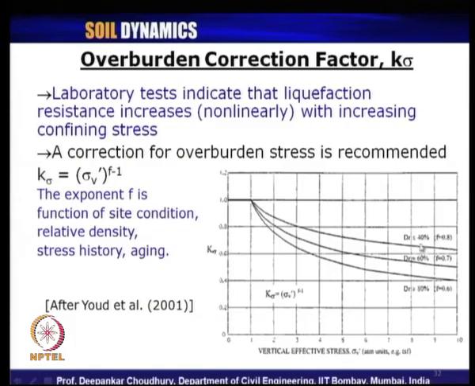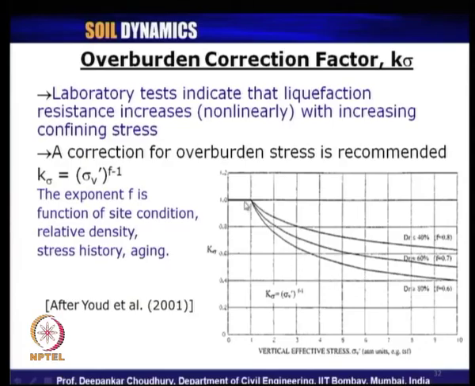If the relative density of the soil is about 60%, then f value is 0.7. If the relative density is greater than or equal to 80%, f value is 0.6, that has been recommended. So, for any in between values of relative density, you can interpolate between these values of f.